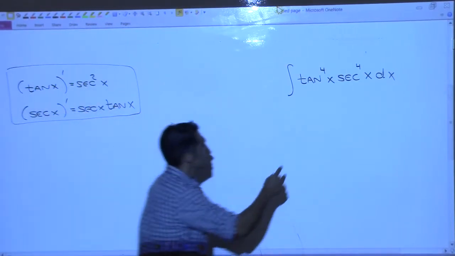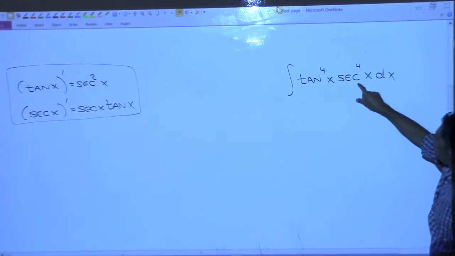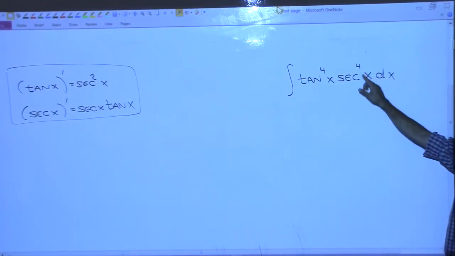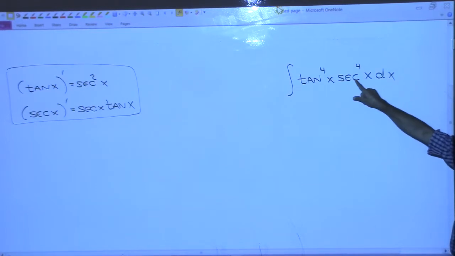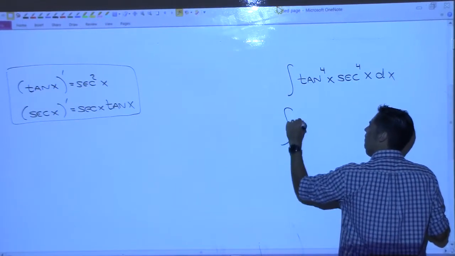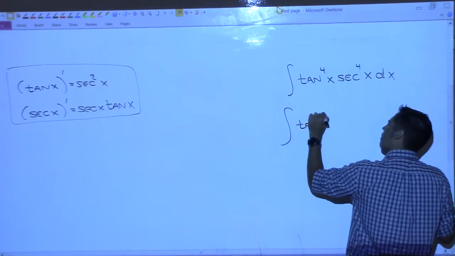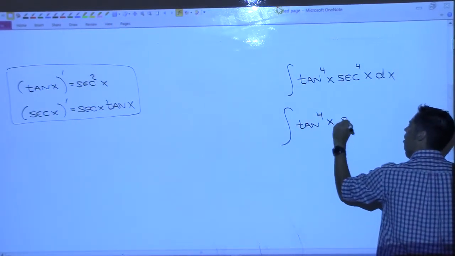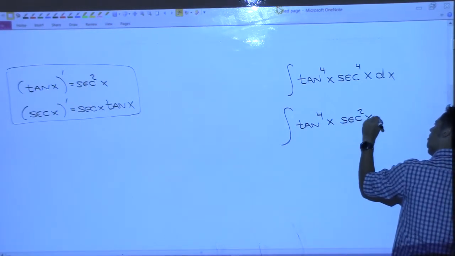We're very comfortable and familiar with these two. So what we're going to do is look at these. We have a power on the tangent, power on the secant, and we notice that the secant has an even power, right? Whenever we see an even power on the secant, we're going to peel off two powers of secant. So we're going to peel off a secant squared.